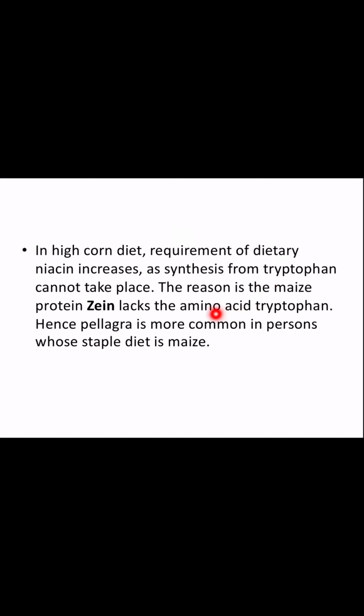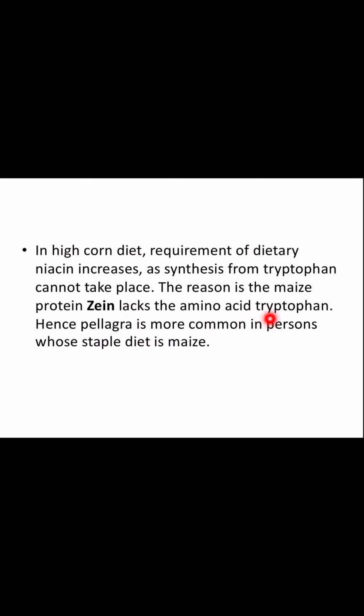Okay, so the reason is that the maize, the corn, has a protein which is zein. Okay, now this zein lacks the amino acid tryptophan. Now if there is no tryptophan, you're getting protein content for your body, but this protein content does not have tryptophan.